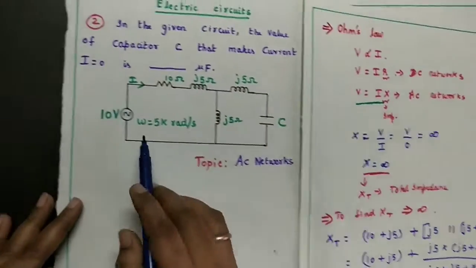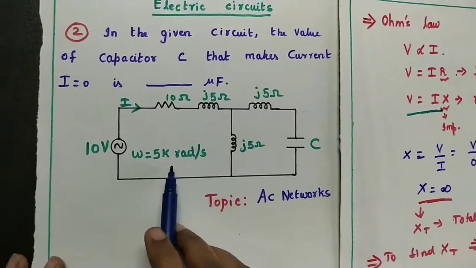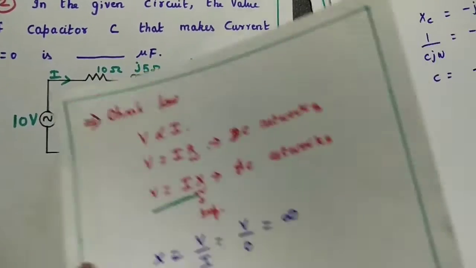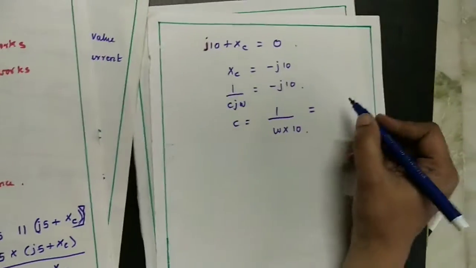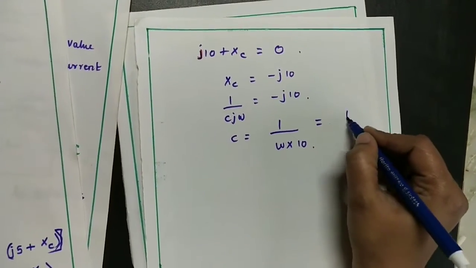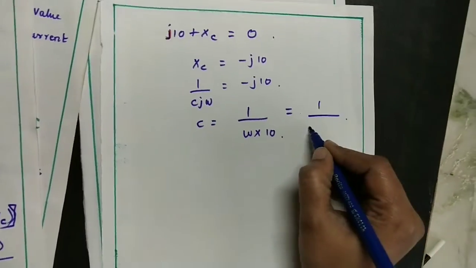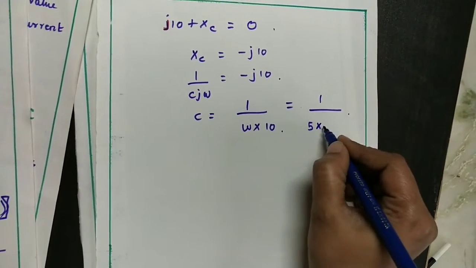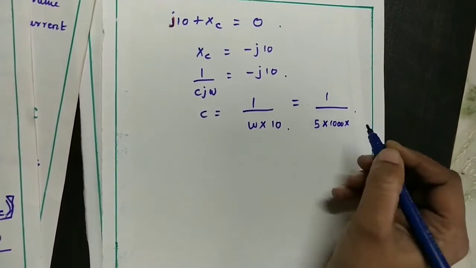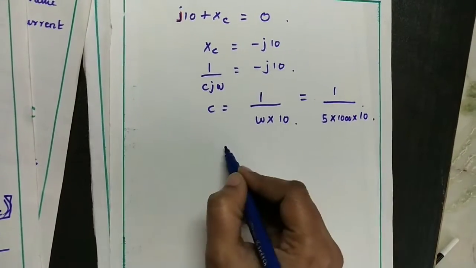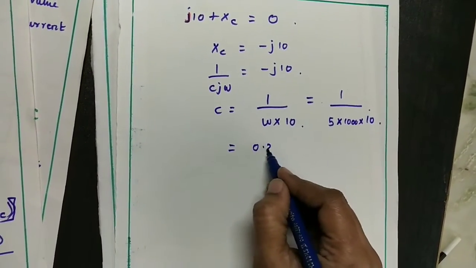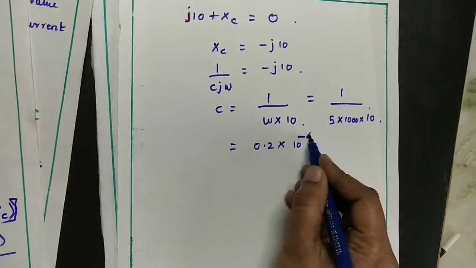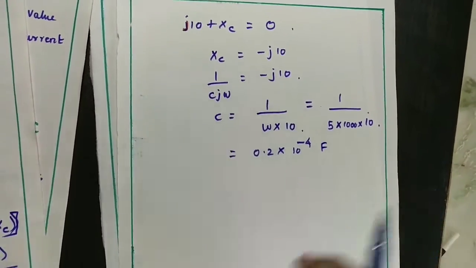Now in the question, the frequency is given as 5k radian per second. So 1 by 5 is 0.2, so 0.2 into 10 power minus 4 farad.